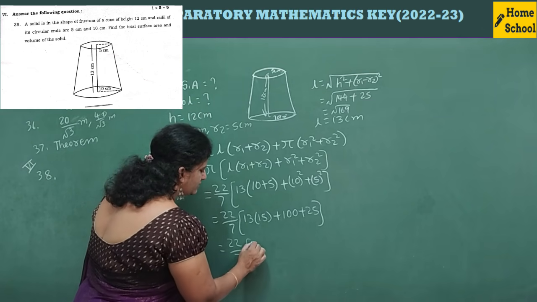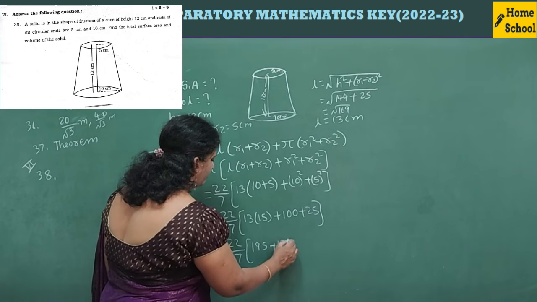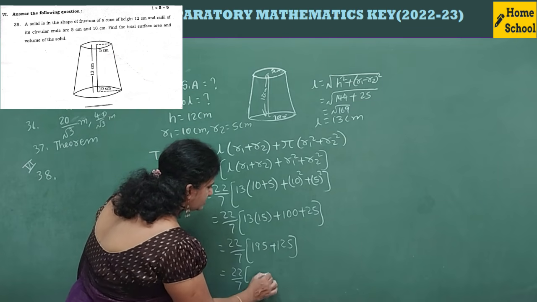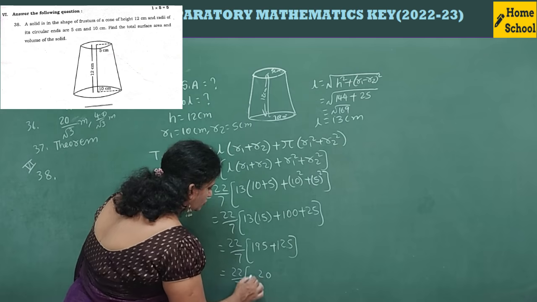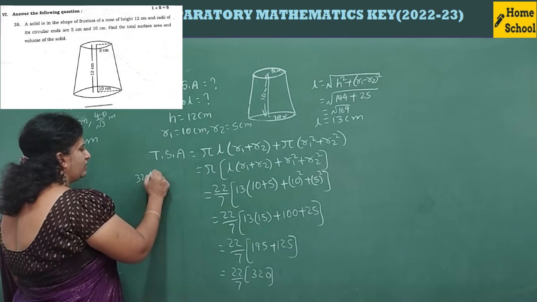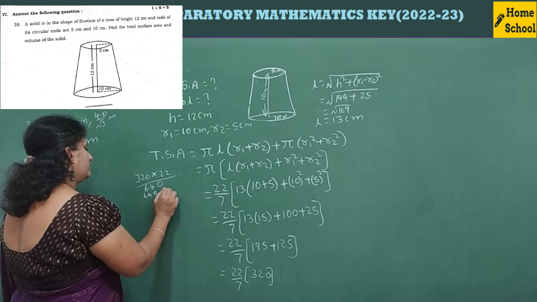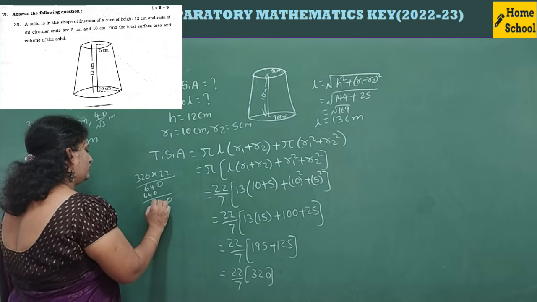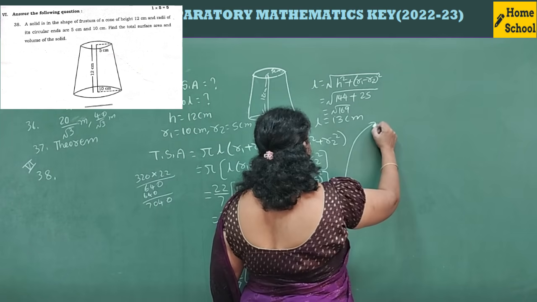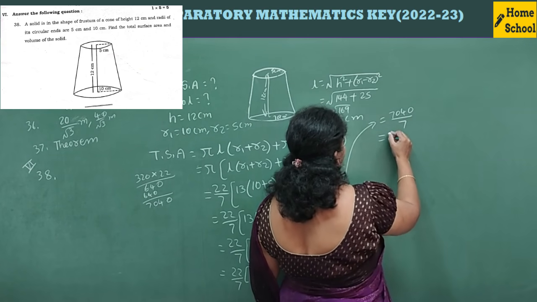22 by 7 into 13 into 15, plus 10 tens are 100, 5 5s are 25. Now 13 15s will be 195, plus 100 plus 25, that is 125. Add these two: 22 by 7 into 320. 320 into 22, let us multiply. That will be 7040. 7040 by 7, divide.